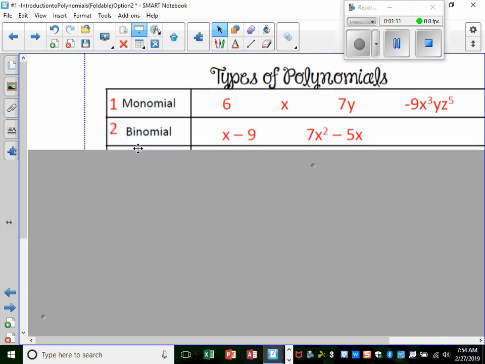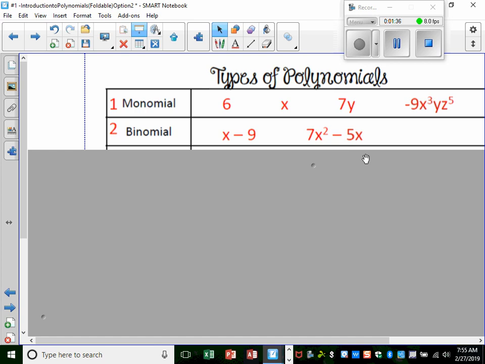Okay, bi means 2, so that's 2 terms. So you'll see 2 terms here. You have x minus y, and again, the terms are separated by plus signs or minus signs. We have something like, and these are just examples, 7x squared minus 5x. Okay, all of those would be considered a binomial.